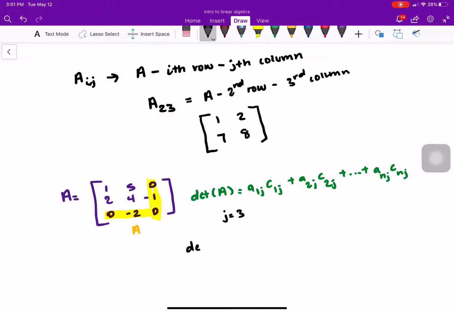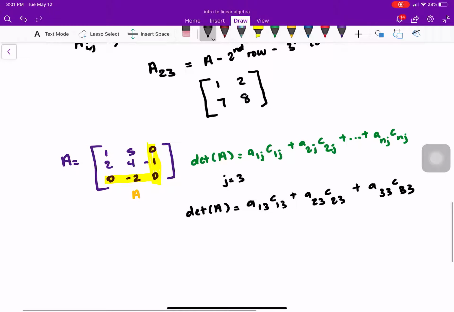So then the determinant of A is equal to A row 1 column 3, row 2 column 3. We only have one more row left, so row 3 column 3.